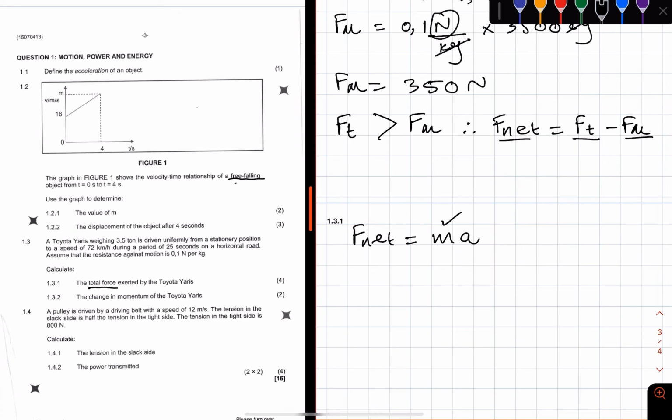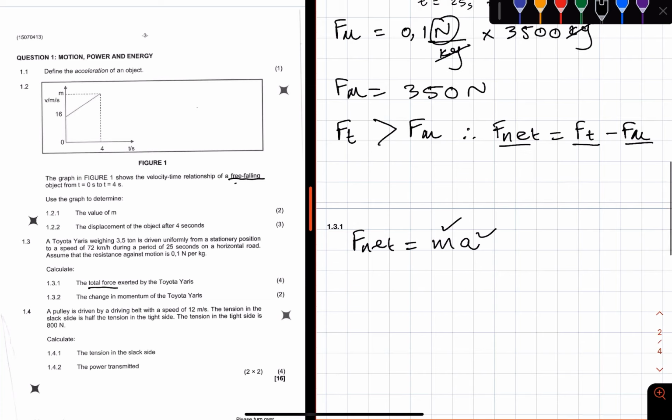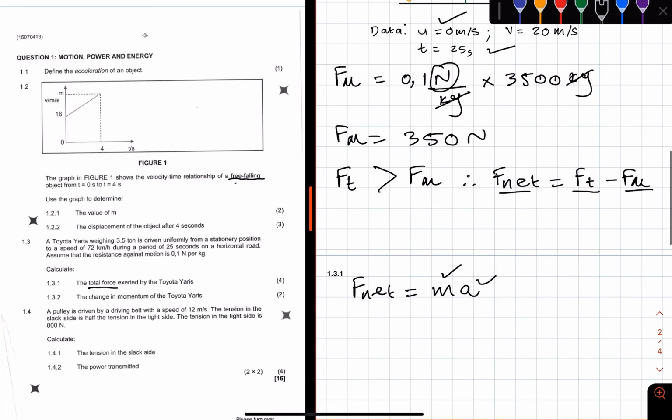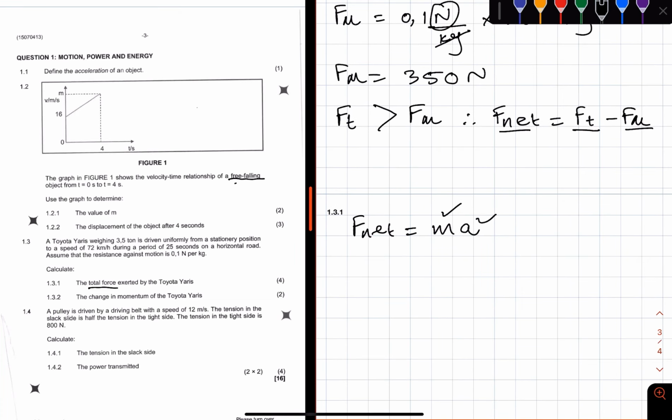We have the mass of the object. We don't have the acceleration, but we can get it. Acceleration is equal to a change in velocity, v minus u, over time.